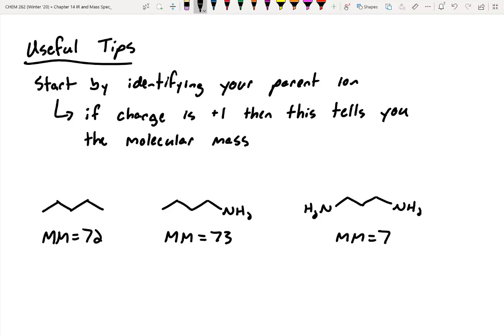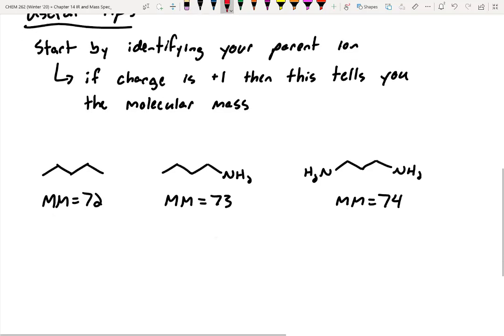And this is going to be 74. So we can go ahead and add up all these atoms and predict where their parent ion will appear on mass spec. This might not seem very useful at first glance, but I'll show you the useful trick. Is that molecules with an odd number of nitrogens also have an odd mass number.